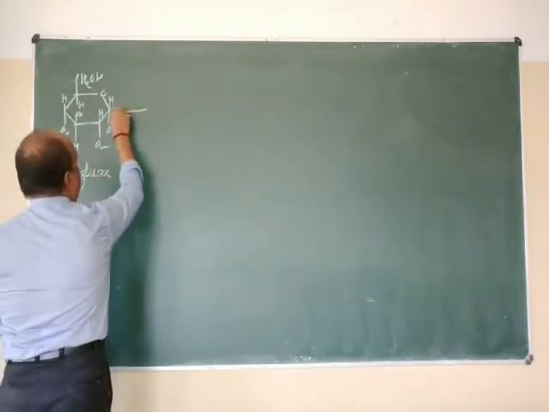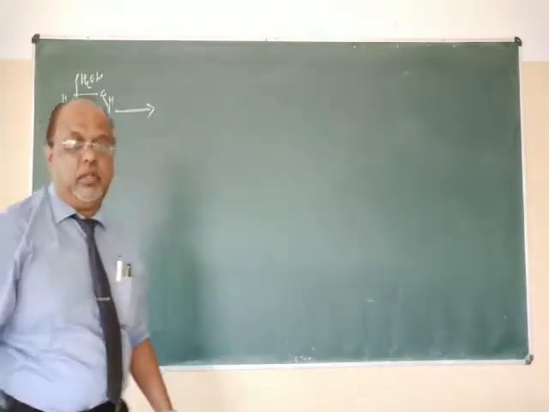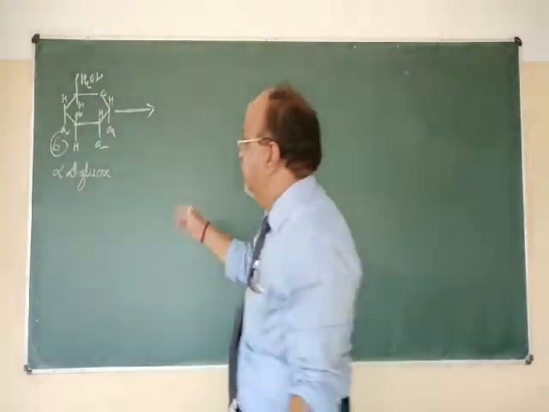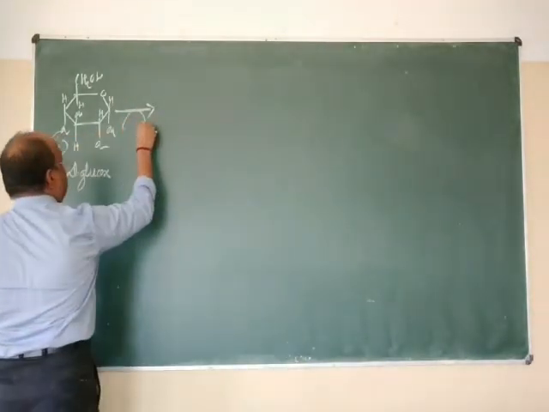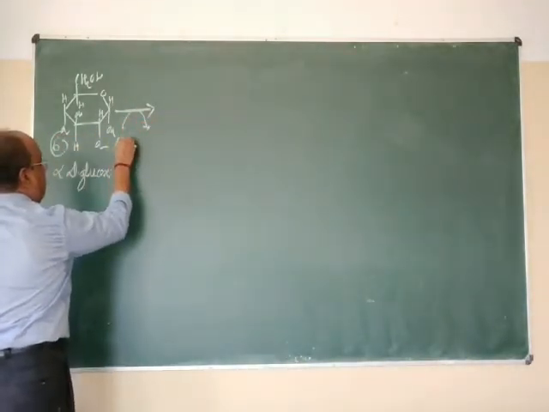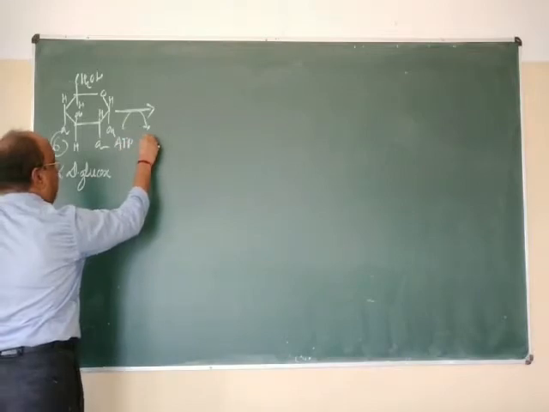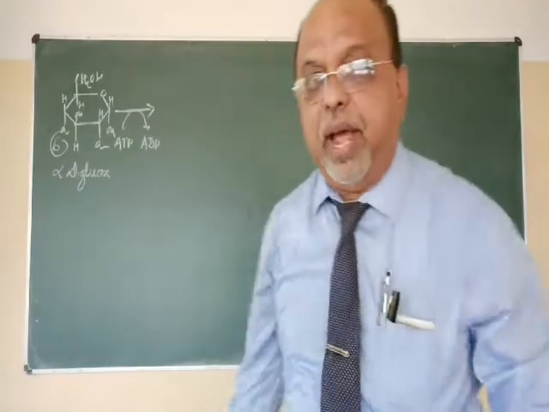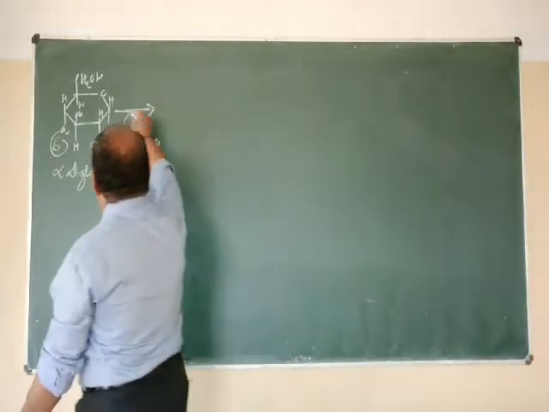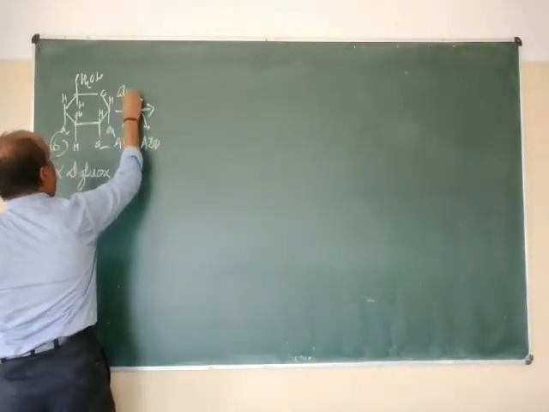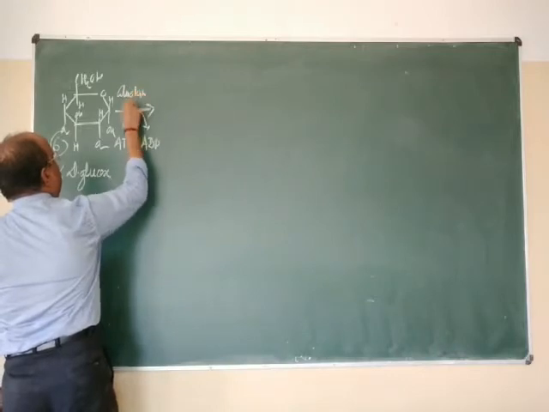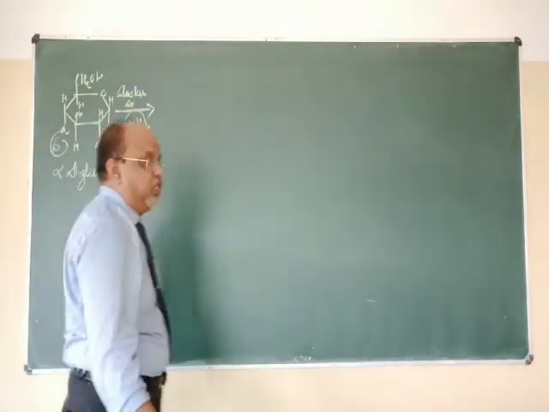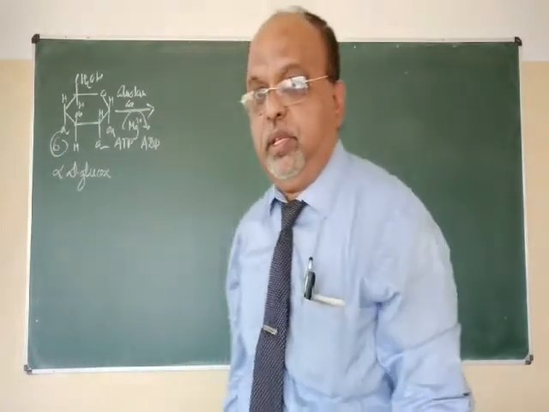Now the reaction: it is converted, like in the normal EMP pathway and other pathways, into glucose 6-phosphate. In this reaction, phosphorylation occurs and the phosphate group is donated by ATP. The name of the enzyme, all of you know, is glucokinase, which requires magnesium ions for its activity.